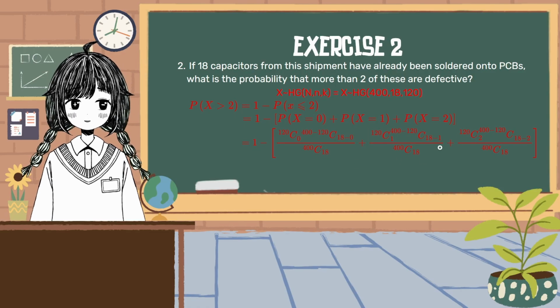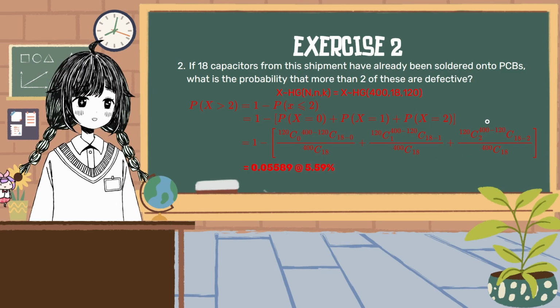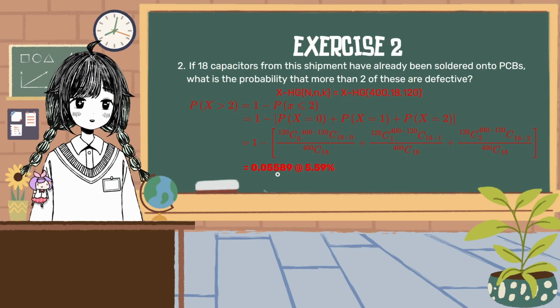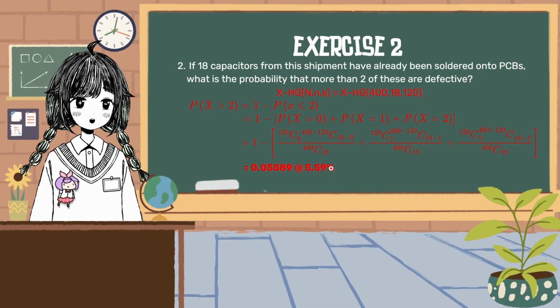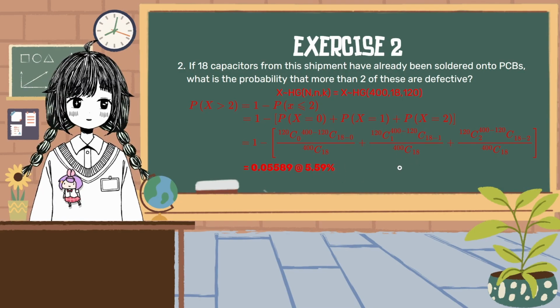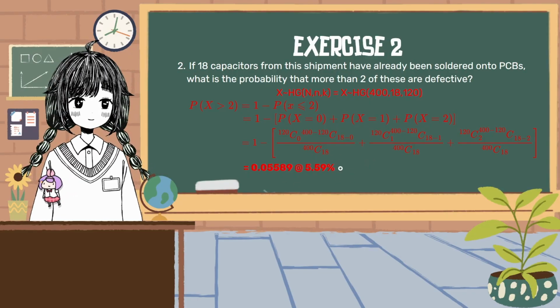And for the exam, you can't stay on this question for too long. So the answer we got is 0.05589 or 5.59%. In conclusion, there's about a 5.59% chance that more than 2 are defective.